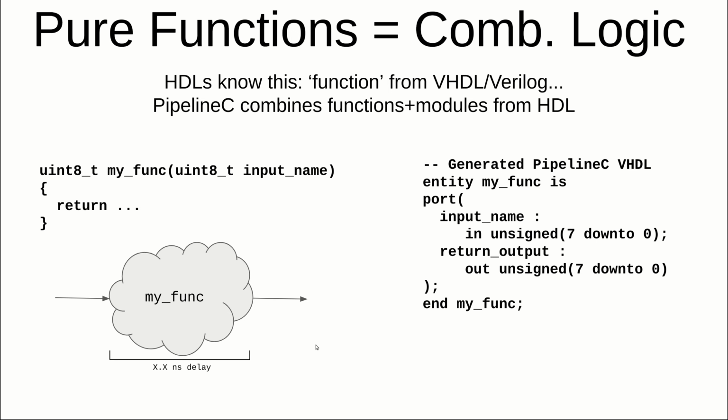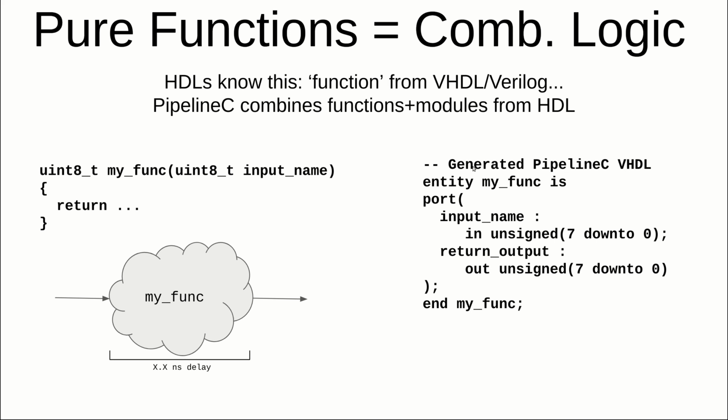Well, you might really like this then, perhaps, because PipelineC combines functions and modules that you would think of from hardware description language. So, looking here at an example, a simple function takes an 8-bit unsigned, and we're not really filling in the body of the function here, just the top level.